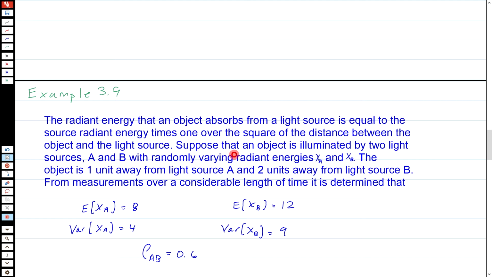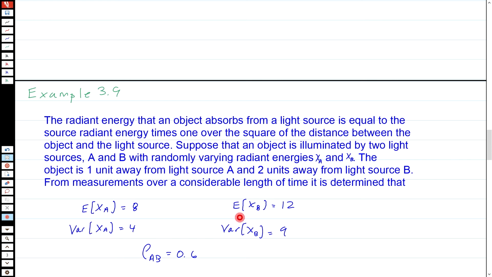Suppose that an object is illuminated by two light sources, A and B, with randomly varying radiant energies XA and XB. The object is 1 unit away from light source A and 2 units away from light source B. From measurements over a considerable time, it is determined that the mean of the radiant energy emitted by source A is 8, and its variance is 4.